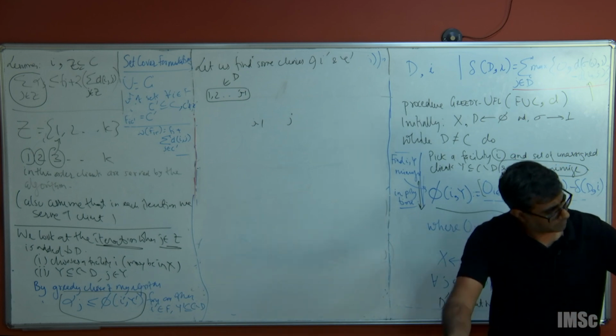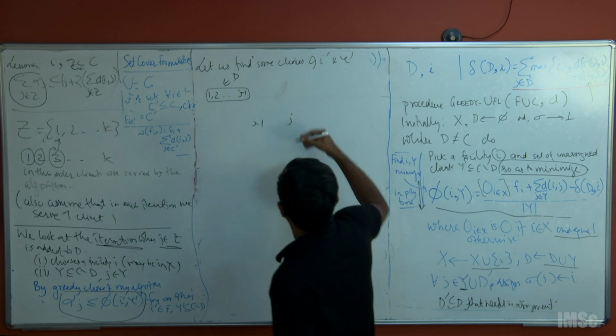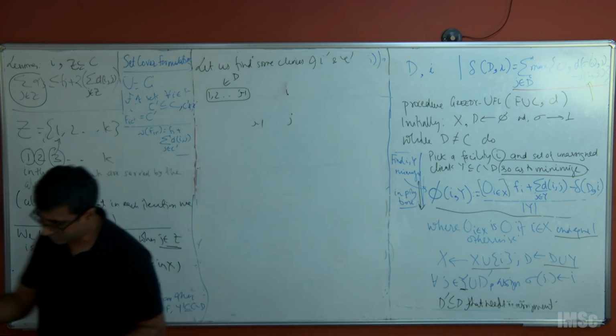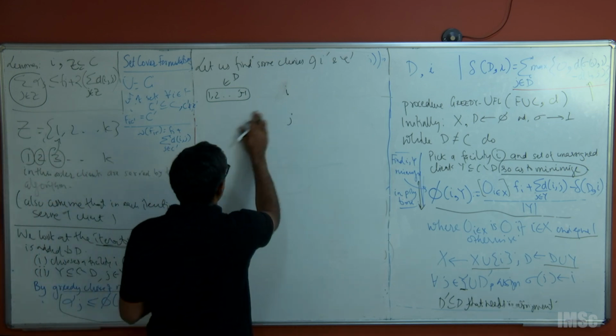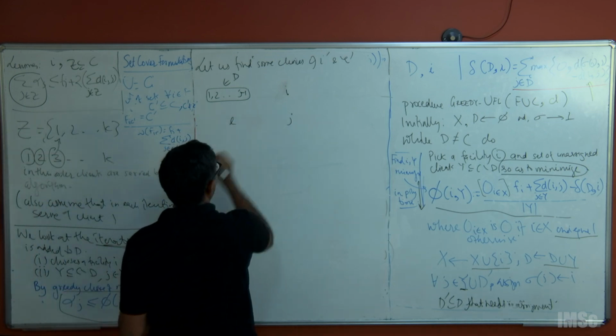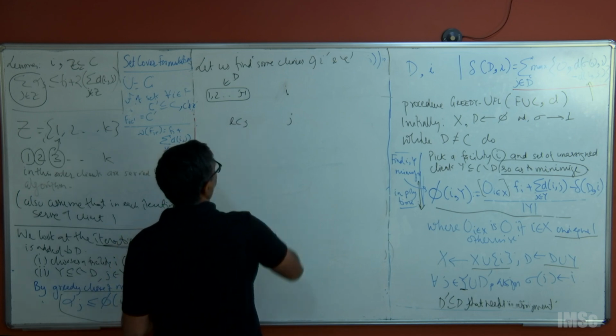J is going to some set I. In fact, let's write some L which is strictly less than j.